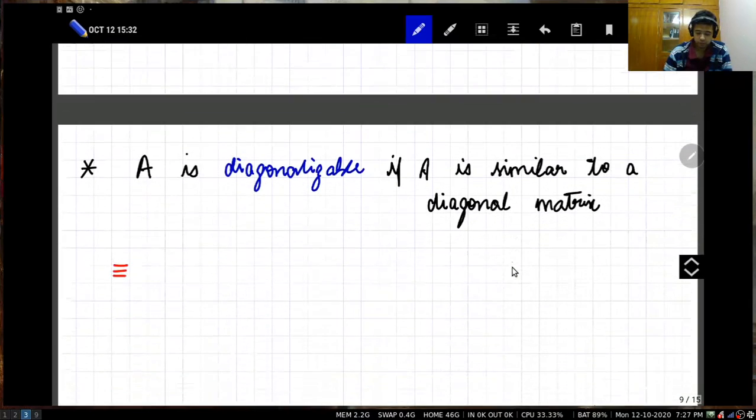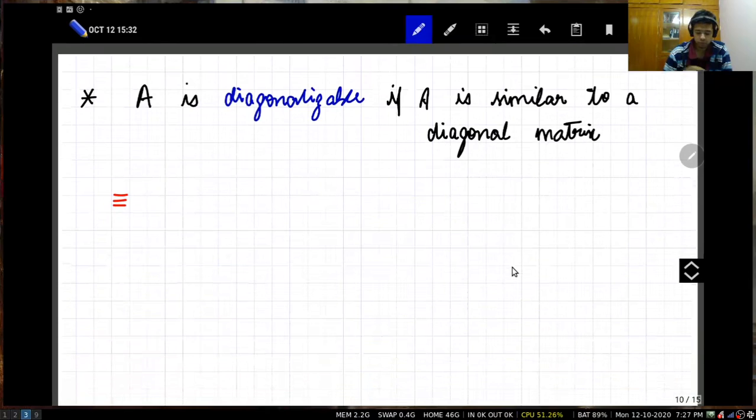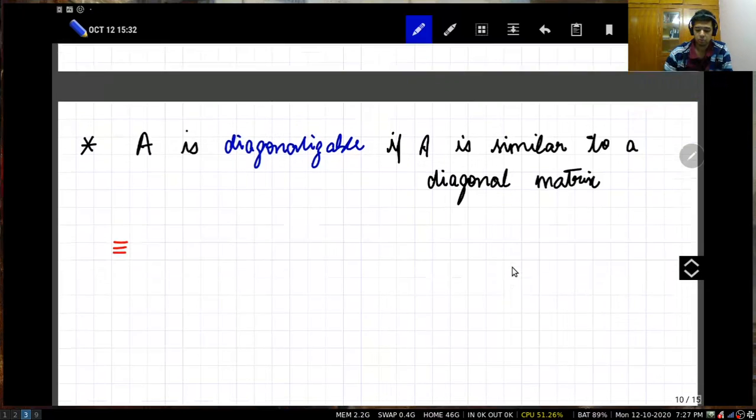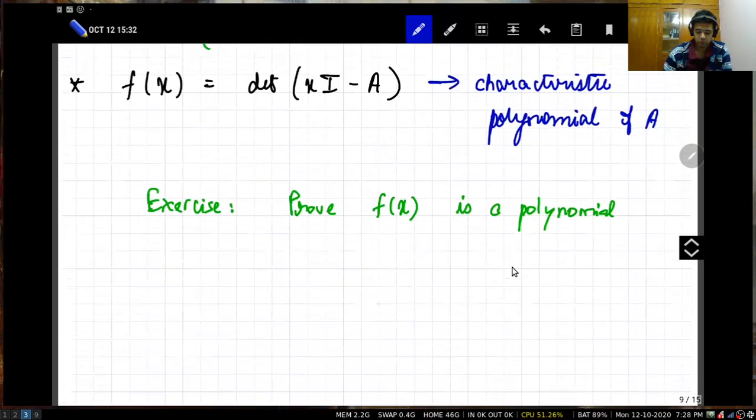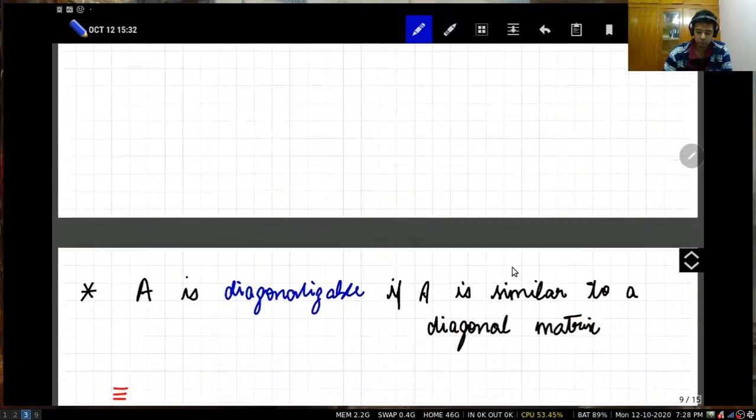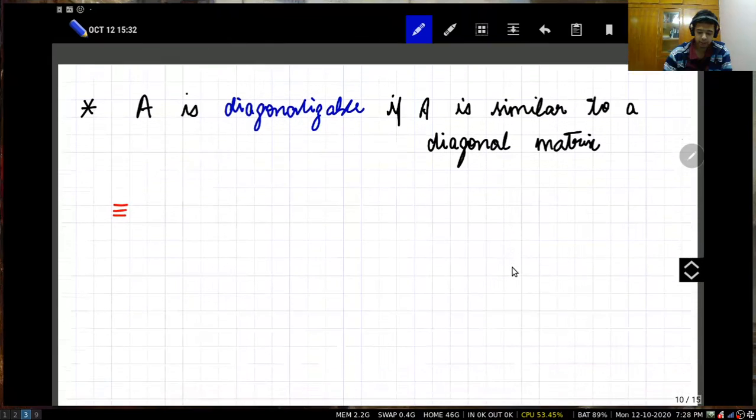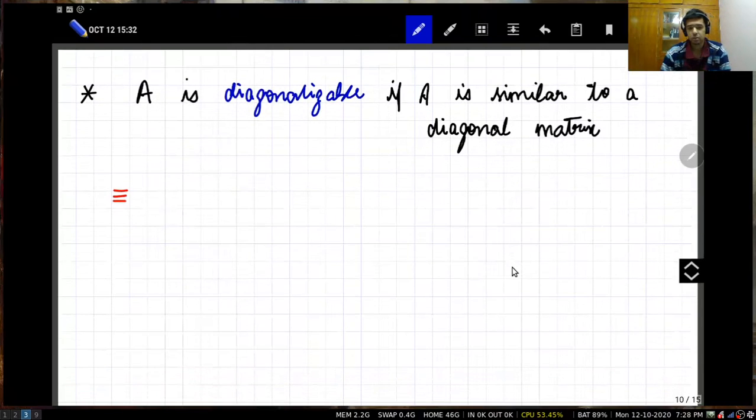Okay, so now that we've seen what the characteristic polynomial is and what we mean by diagonalizability and what we mean by eigenvalues and eigenvectors, let's get to the other canonical representation of a matrix that I had mentioned earlier.